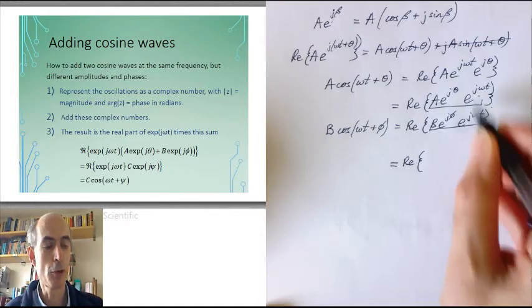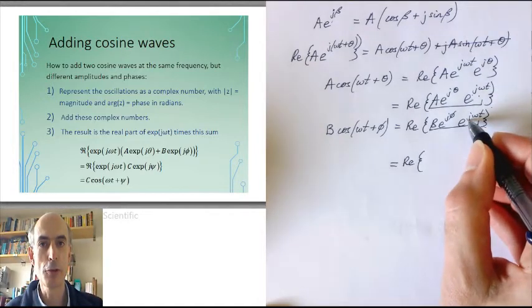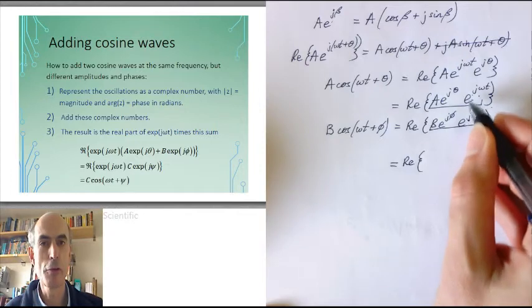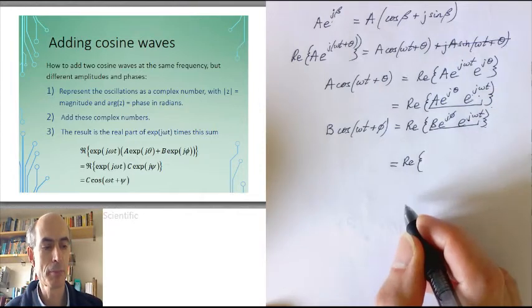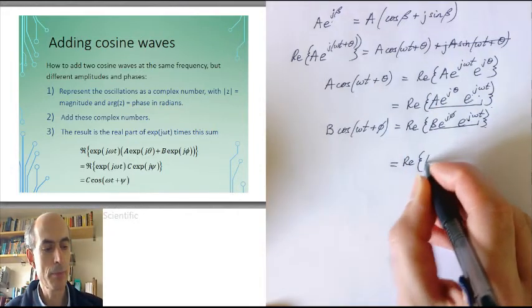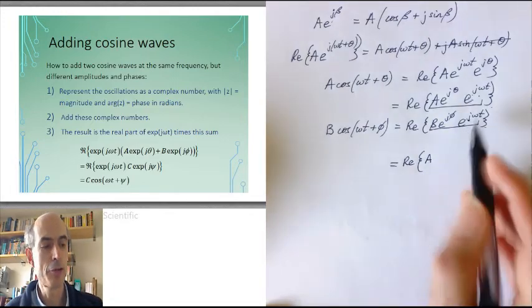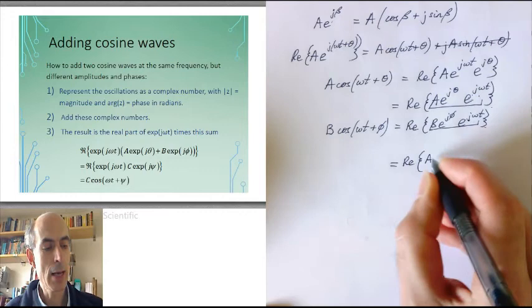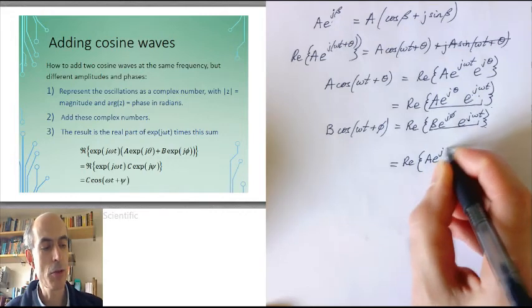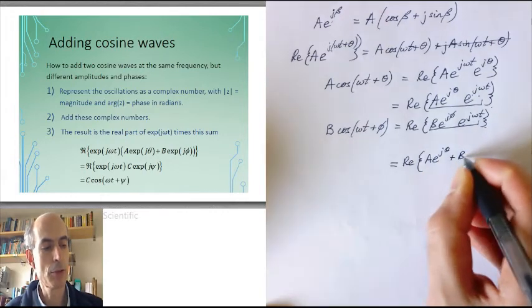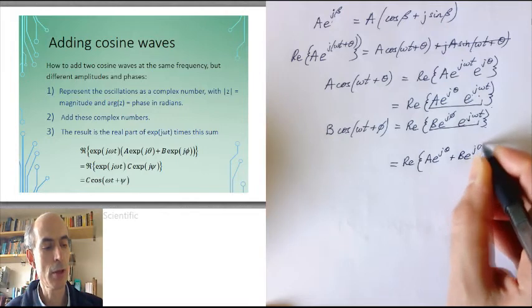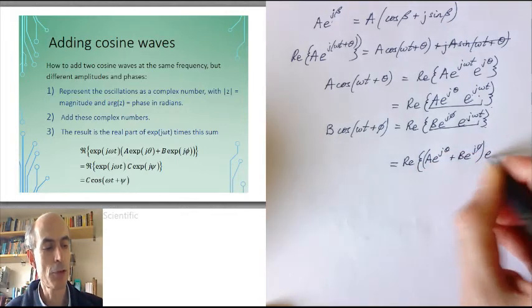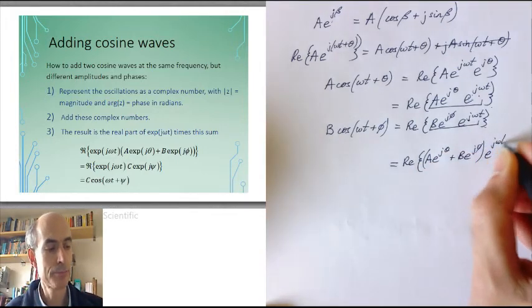If I add up two complex numbers, the real part of the sum must be the sum of the real parts of the complex numbers. So that's just going to be, if I do a bit of simplification and remove the common factor of e to the j omega t, a times e to the j theta plus b times e to the j psi, times e to the j omega t.